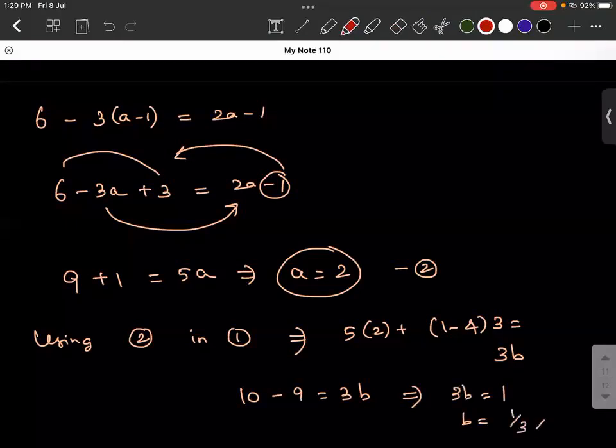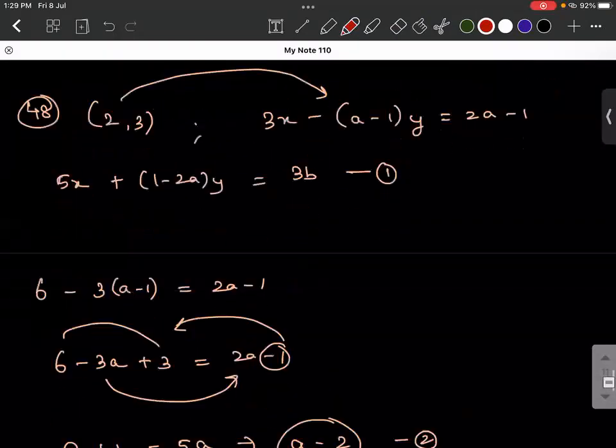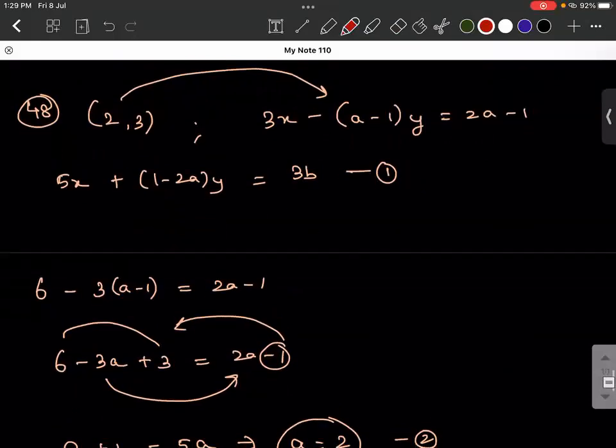Is there an option? Want to copy this? This is a good problem actually.